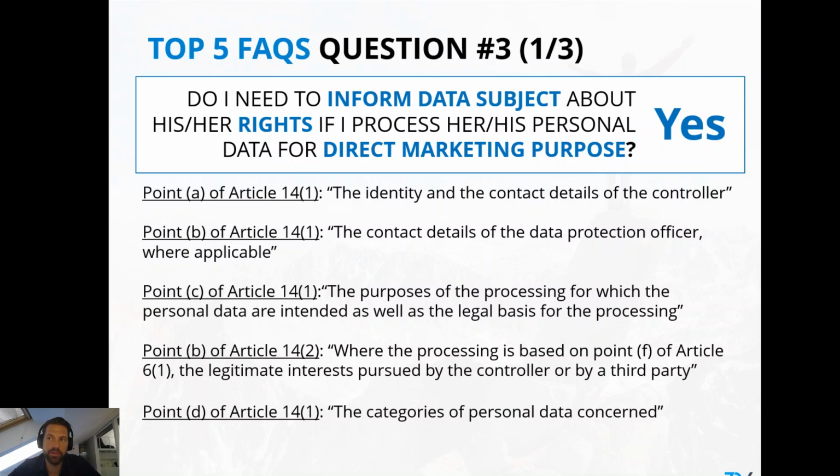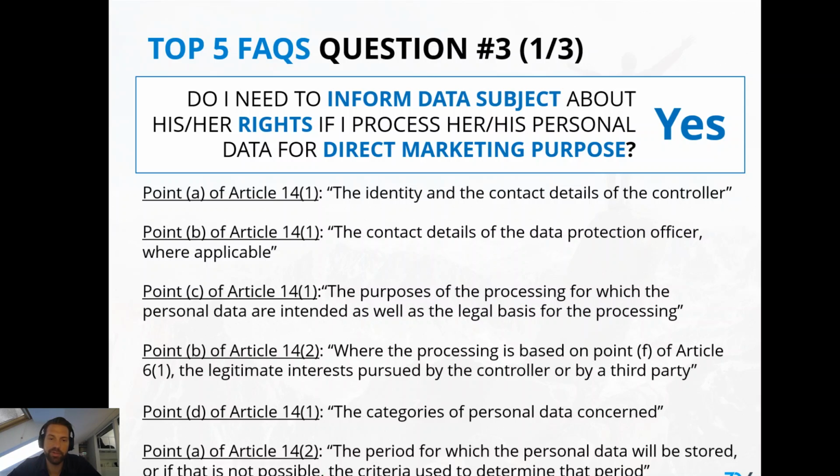So here the categories concerned are the full name, the email, and the job title, stuff like this, right? So this is basically what we have in terms of category of personal data. This one is a bit tricky and you will need to explain the rule for it, but you need to explain from what period, and if not applicable, then what is the criteria used for how long you're going to keep their data in the CRM.